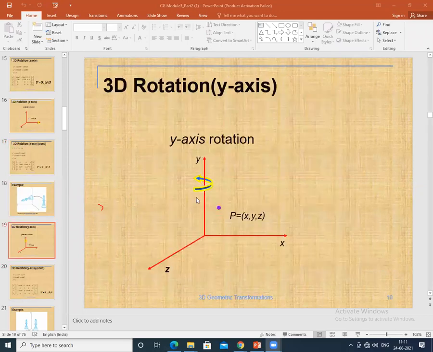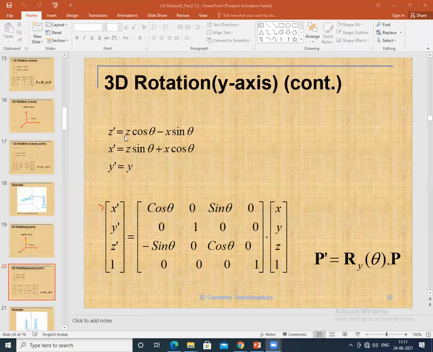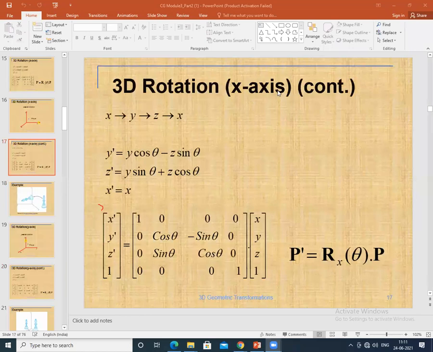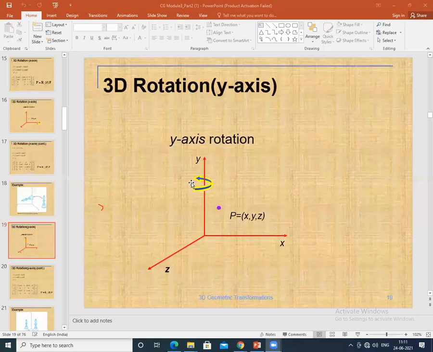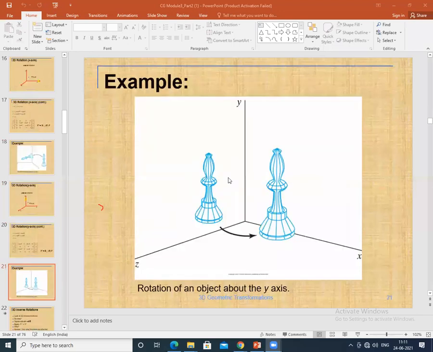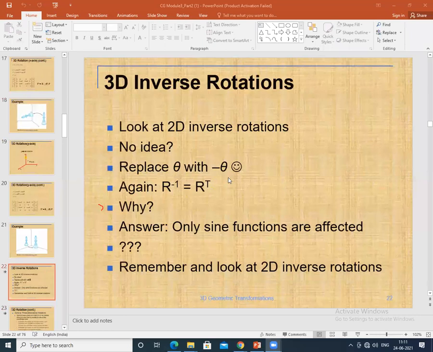Similarly, when the rotation is along the y axis, y bar equals y, and you have to write the correct equation for z and x. Here there is no y component, only z and x components. In the case of x rotation, there is no x component, only y and z components. Z anyway is quite easy, you are able to write it. So here is the rotation of an object along the y axis.